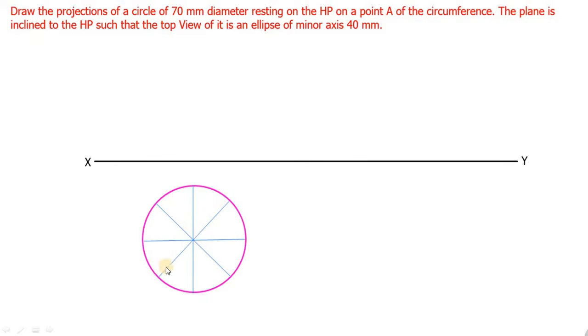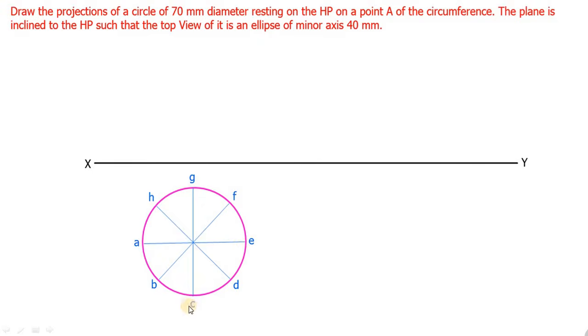These 8 parts should be equal parts. These points we are going to take as the reference points on the circumference of the circle. Let us name these points as A, B, C, D, E up to H. So these are the 8 different points we have marked on the circumference of the circle.